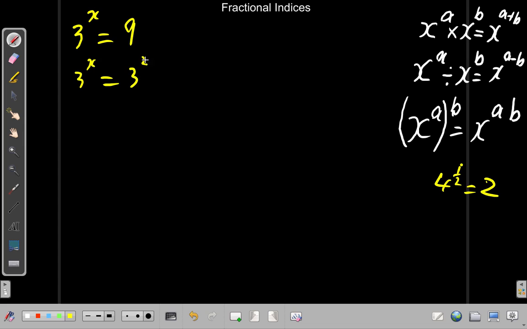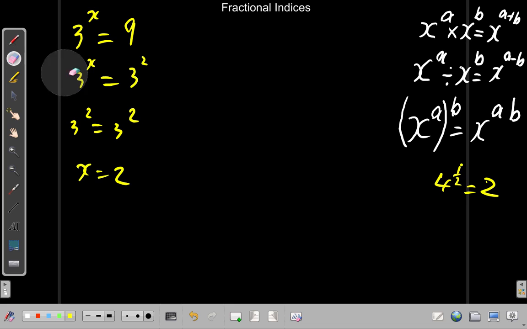So x is equal to 2. From our previous argument, x must be equal to 2, because you cannot have 3 to the 3 equal to 3 to the 2, and 3 to the 1 is not equal to 3 to the 2. Only 3 to the 2 is equal to 3 to the 2. So x equals 2. Good. We solve this equation.